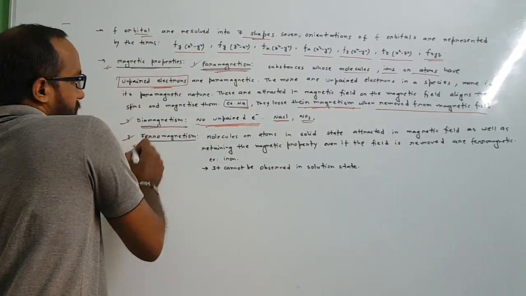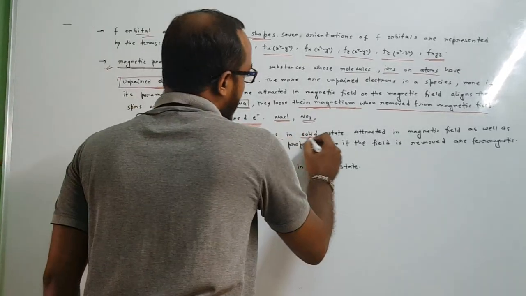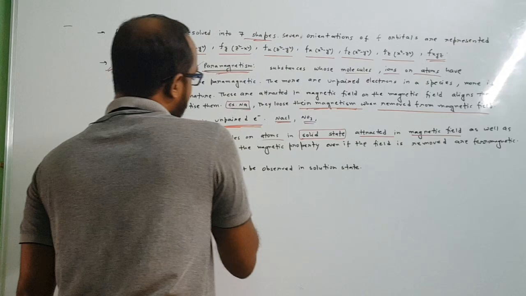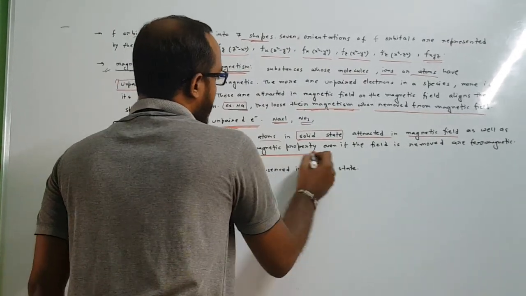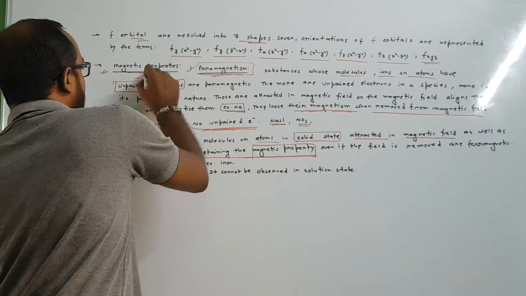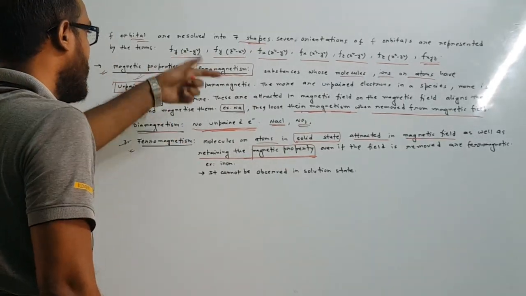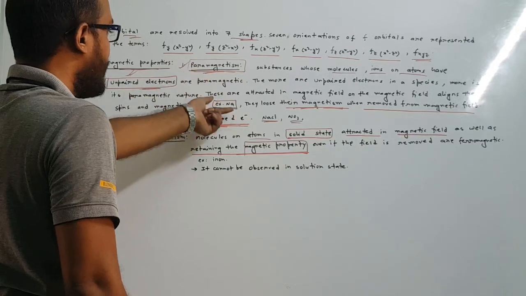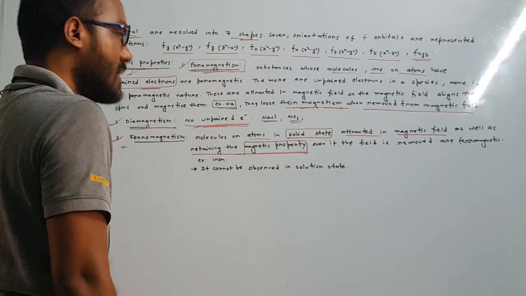In ferromagnetism, molecules or atoms in solid state are attracted in a magnetic field as well as retaining the magnetic property. This is very important. In paramagnetism, if we have unpaired electrons, the paramagnetic molecules will be attracted to the magnetic field.